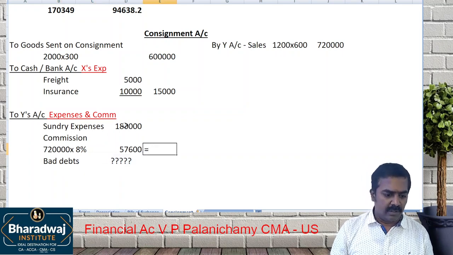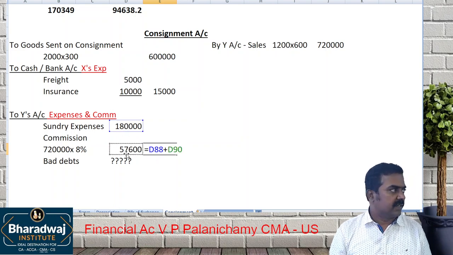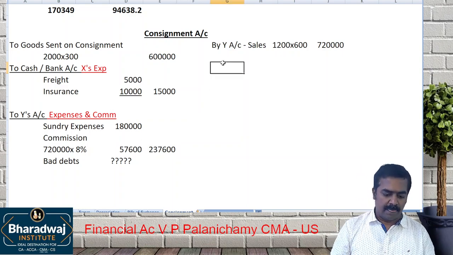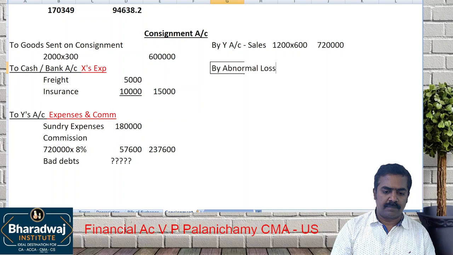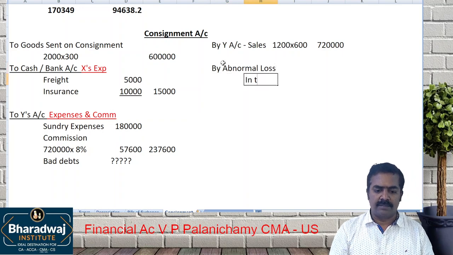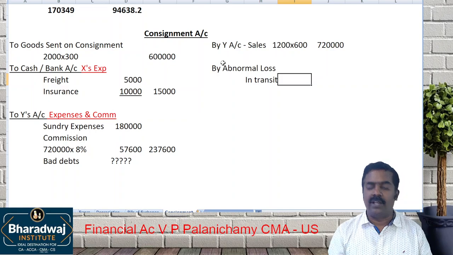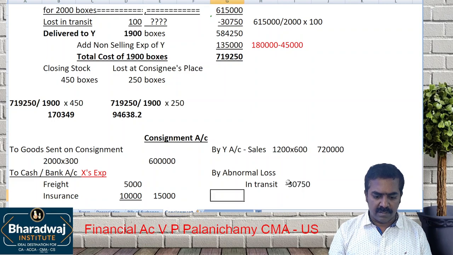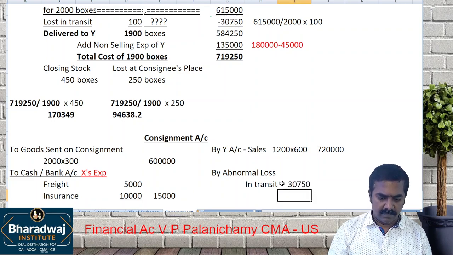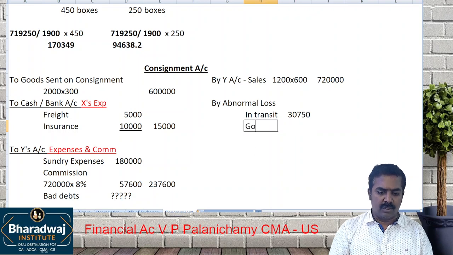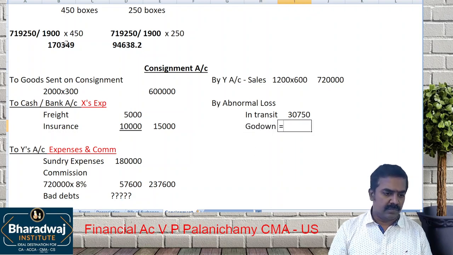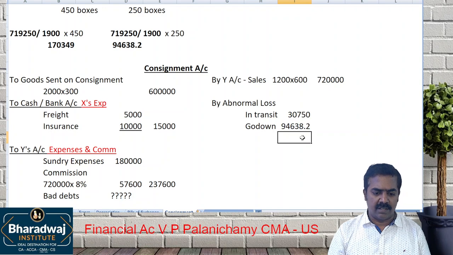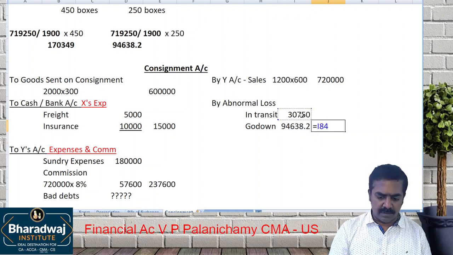So total 1,80,000 plus 57,600. What is the total? 2,37,600. Then abnormal loss in transit: how much loss has occurred? Tell me the value. 30,750. Then in the godown, how many were destroyed? 250 boxes destroyed, another loss. Then the total loss is 30,750 plus this.